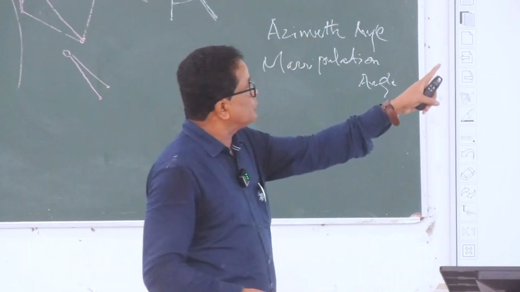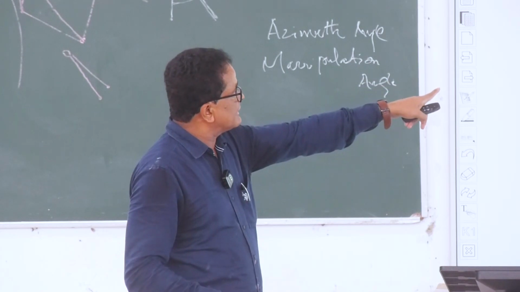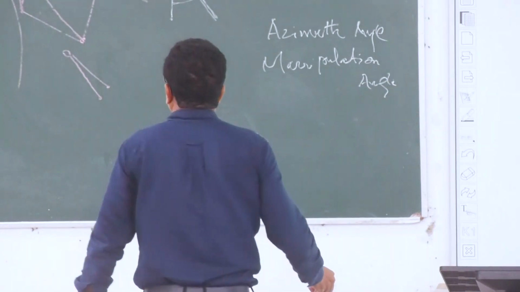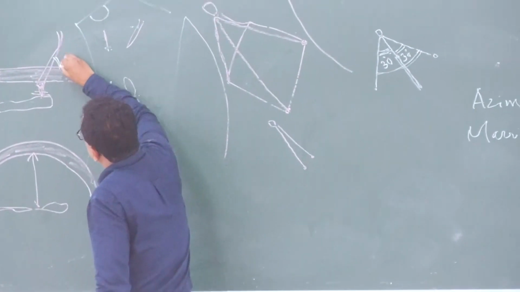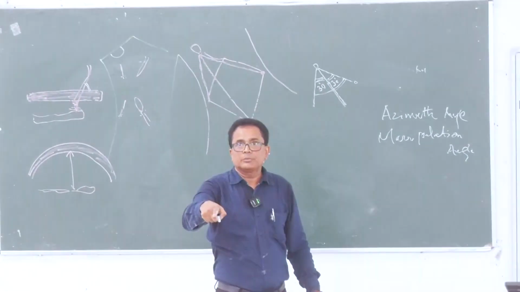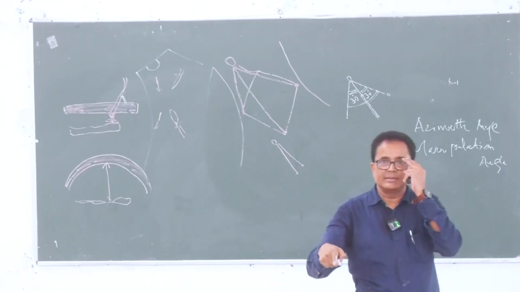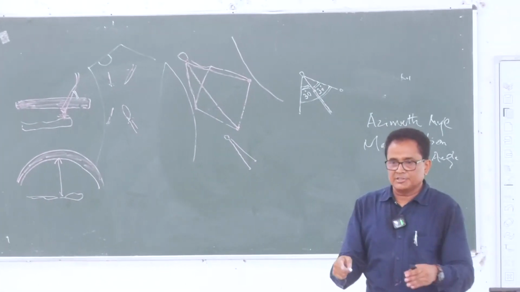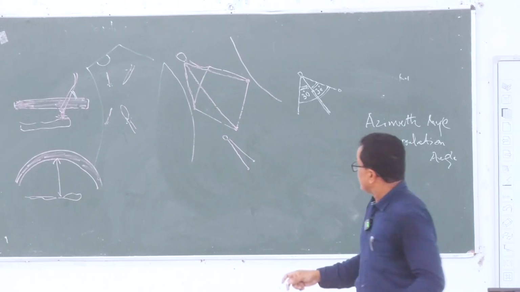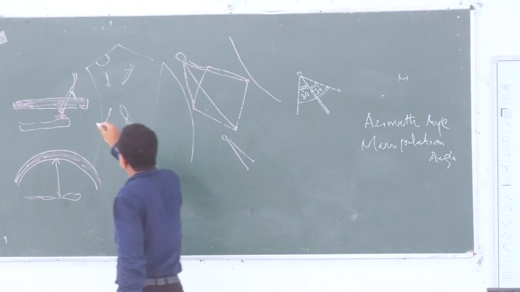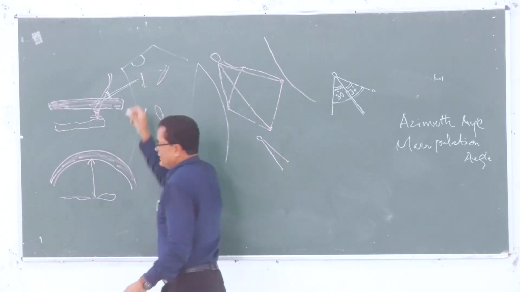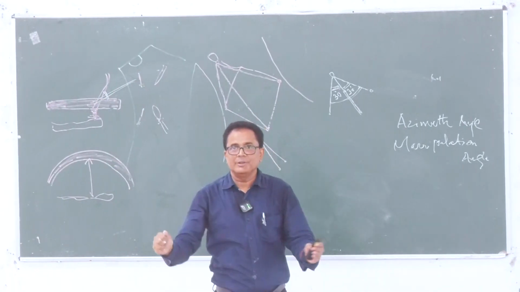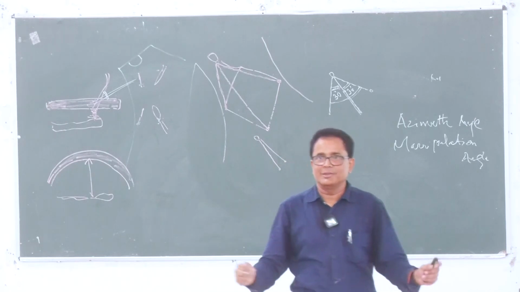I have already told you these angles, azimuth angle and manipulation angle, and the elevation angle is the angle from the parietes at which the instruments are going inside the abdomen. Suppose the elevation angle is very high, then the patient's leg will come into your way when you are working with your hands.